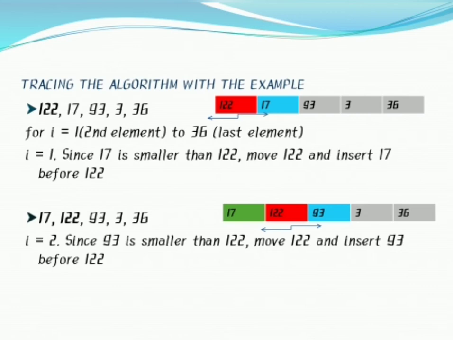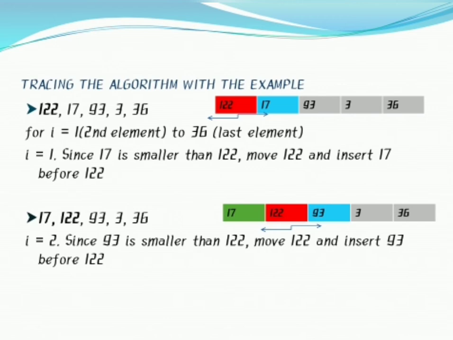Since 17 is smaller than 122, we will move 122 to the position of 17 and insert 17 before 122. In the next step, the order will be 17, 122, 93, 3 and 36. When i equals 2, 93 is smaller when compared to 122. So, we'll move 122 towards the position of 93. Here there is one thing to remember.